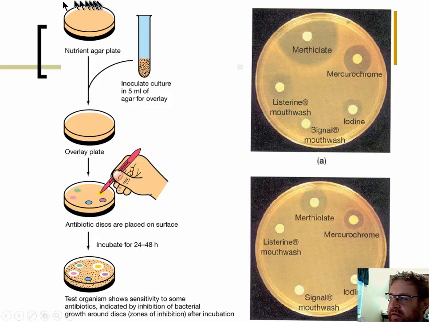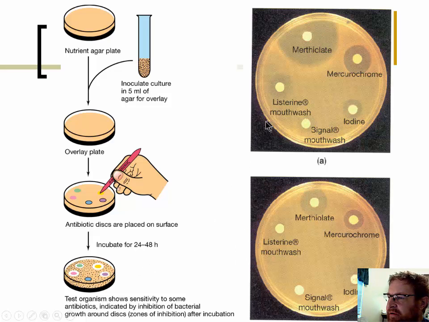But so you take a plate of nutrient agar, and we put 5 mLs of a culture of bacteria that are in something called top agar, which is a very thin agar, and so that makes a nice even layer over these cells. We then put little discs with the type of antimicrobial that we want on it, then incubate 24 to 48 hours, and you can see a clear zone whenever that compound has killed.